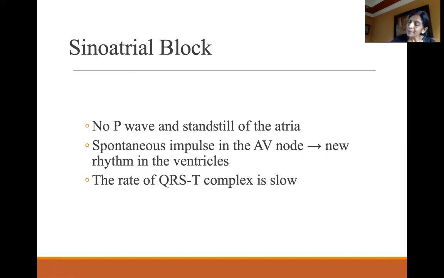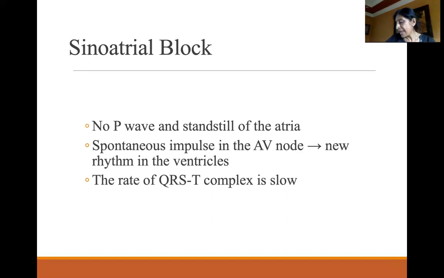Okay, SA node is the one that generates heart rate of 70 to 80 beats per minute. When AV node takes over, it goes down to about 50 to 60 beats per minute.